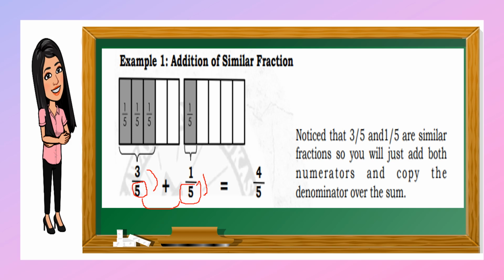So in addition of similar fraction, you will just add both numerators and copy the denominator over the sum. So, in adding similar fraction, kapag nagpa-plus tayo na magkapareho ang denominator, ang i-add nyo lang ay silang dalawa. Yung parehas na numerator lang.